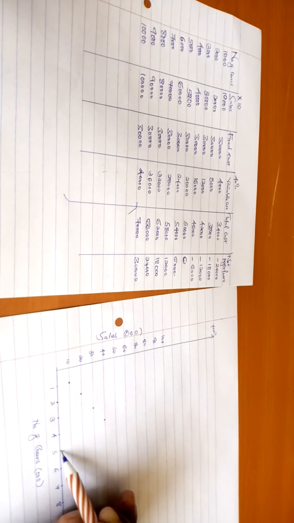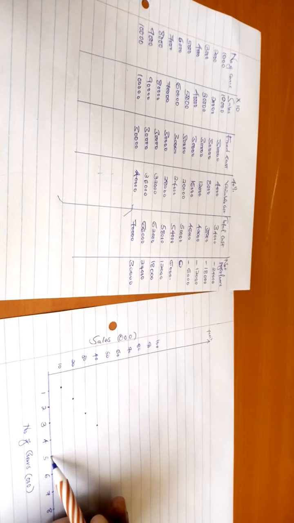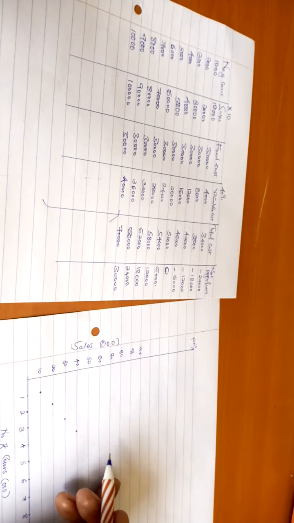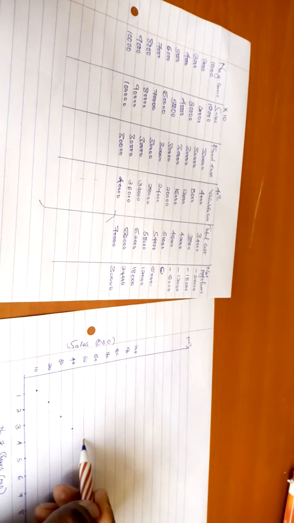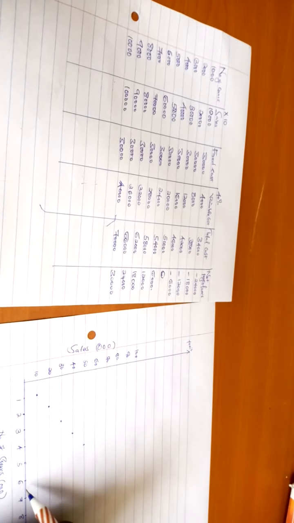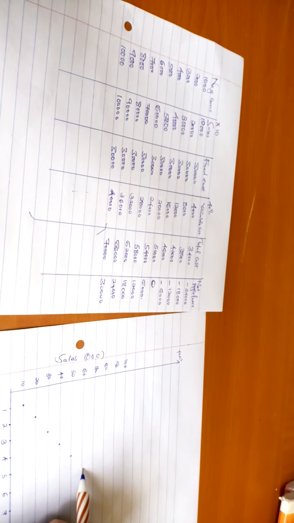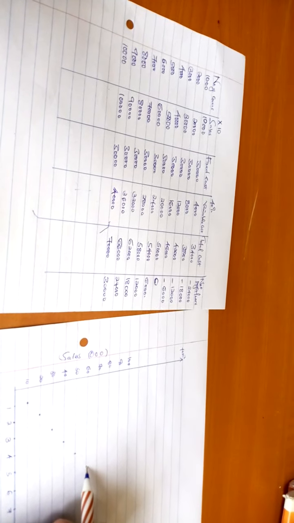At 5,000 we have 50,000. Then at 6,000 we have 60,000. I'm trying to estimate because I am using plain paper, not graph paper.